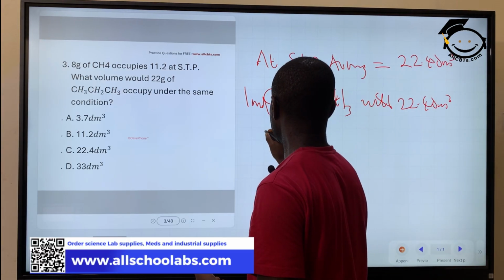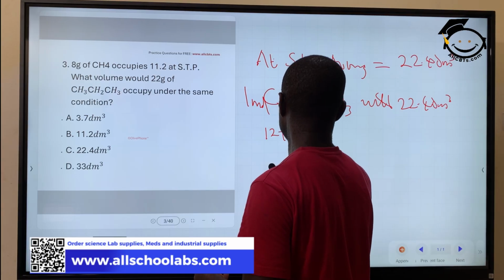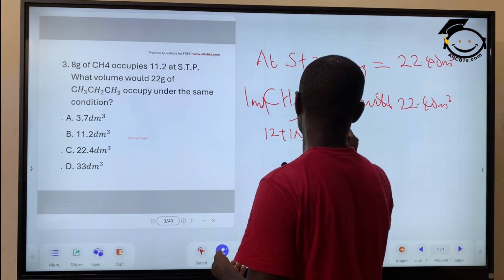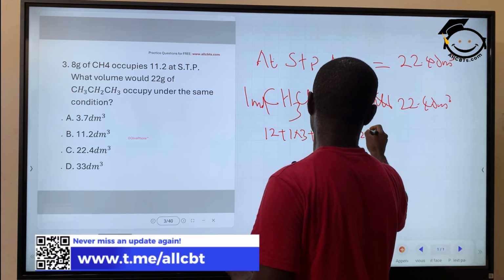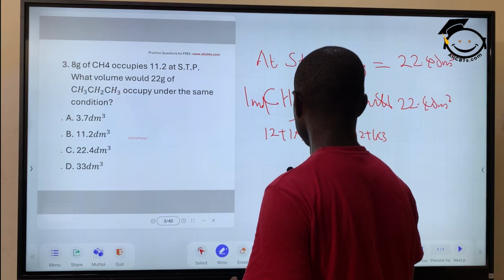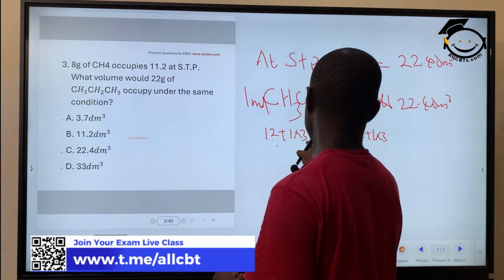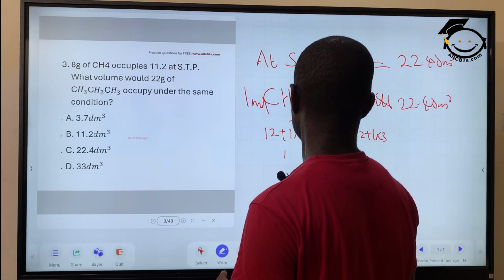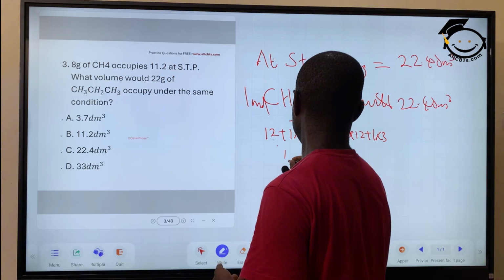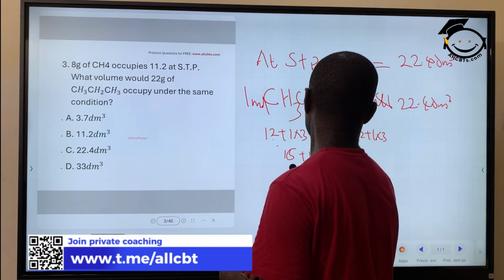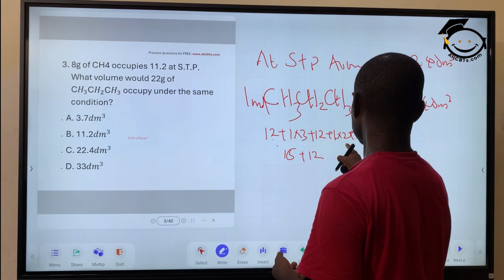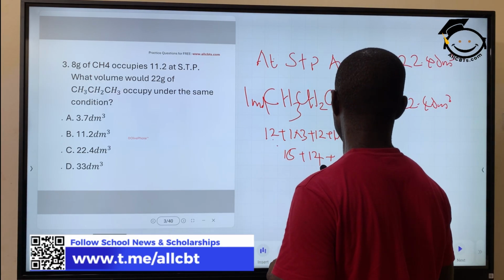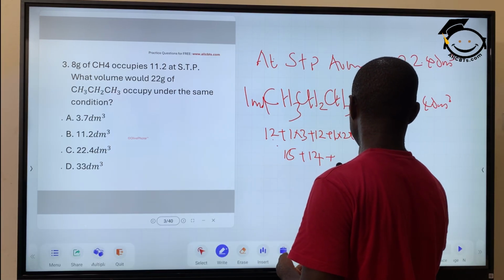Adding the molar mass: 12 plus 1 times 3, plus 12 plus 1 times 2, plus 12 plus 1 times 3. 12 plus 3 is 15, plus 12 plus 2 is 14, plus another 15.